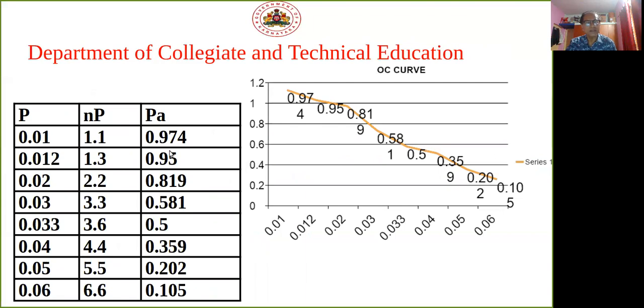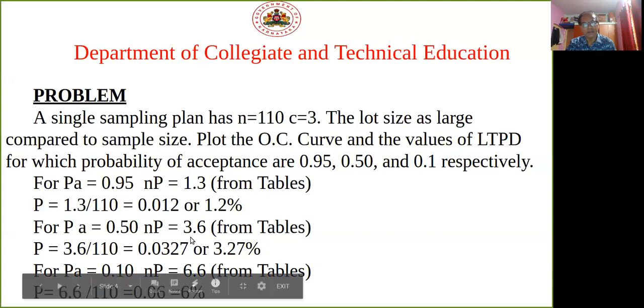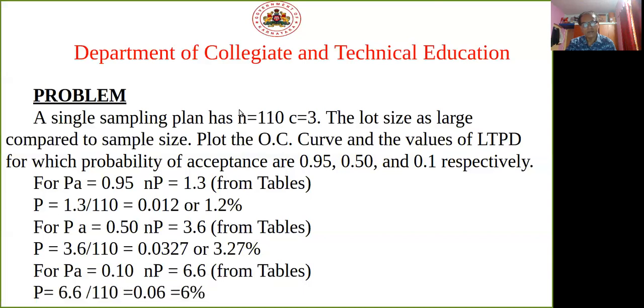So first value of NP is 1.3, second value is 3.6, third value is 6.6. These are the values he has given, and now we will take some values above 1.3 and go up to 6.